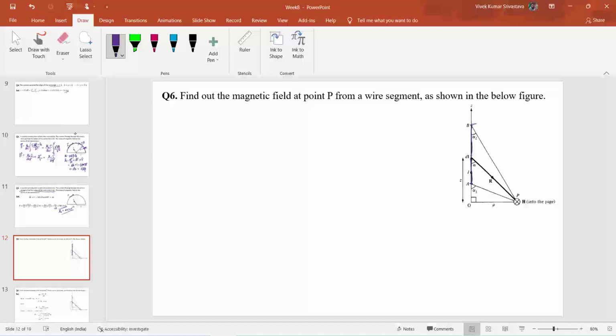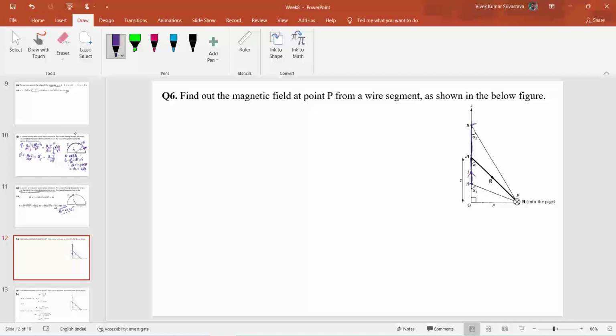In the question it is given that the current flowing through this wire segment is I. So from this current segment, how much magnetic field is generated or produced at this point, that we have to calculate.